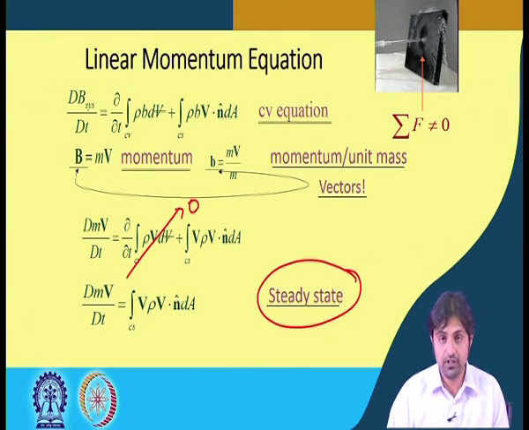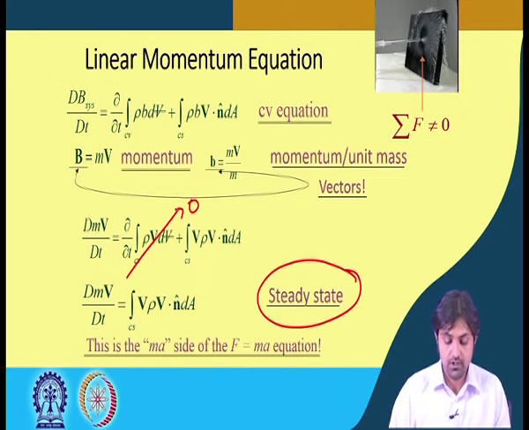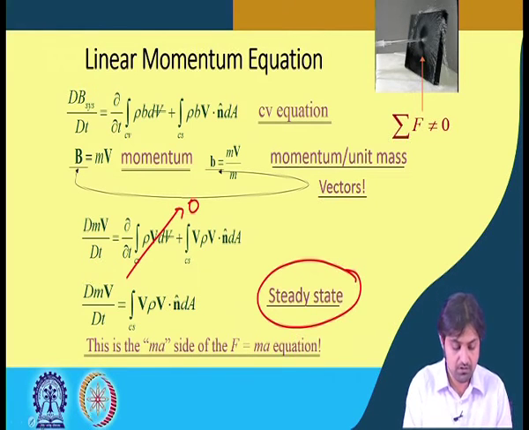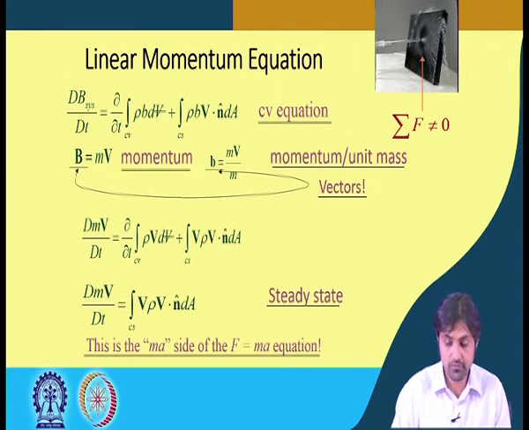The del t of anything is going to be 0 for a steady state solution. This is the ma side of the F equals ma equation, the mass times acceleration side.